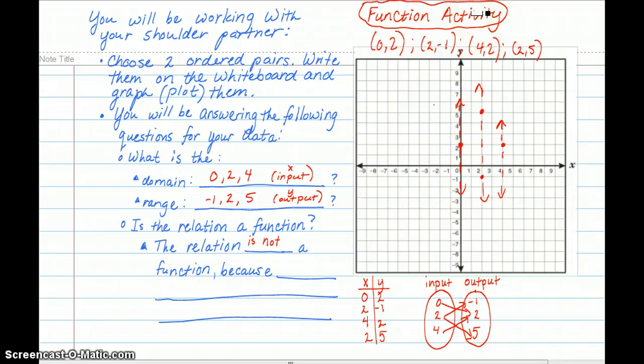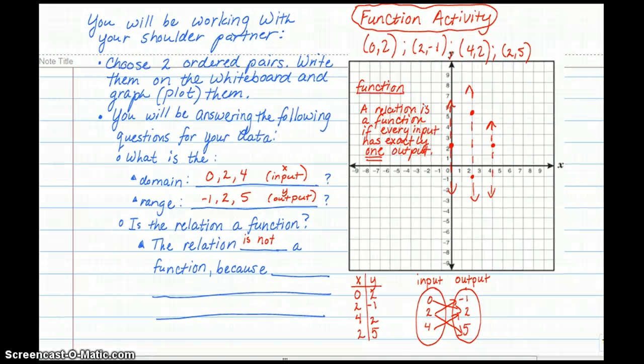Let's go ahead and write the formal definition, then I'll use it as part of this. The formal definition of a function is: for every input, there is exactly one output. So let's go ahead and write that. I'm going to pause while I write it, and then we'll read it again. For a relation to be a function, remember a relation is a set of ordered pairs, every input has exactly one output.